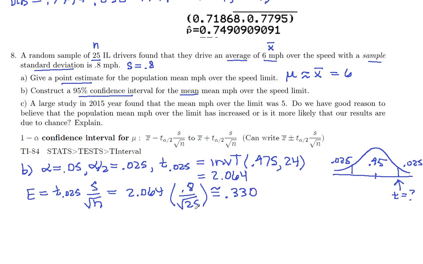And then our lower bound is going to be the sample mean, which is the 6, minus the margin of error, 0.330. And then our upper bound is going to be the sample mean 6, plus our margin of error, 0.330.